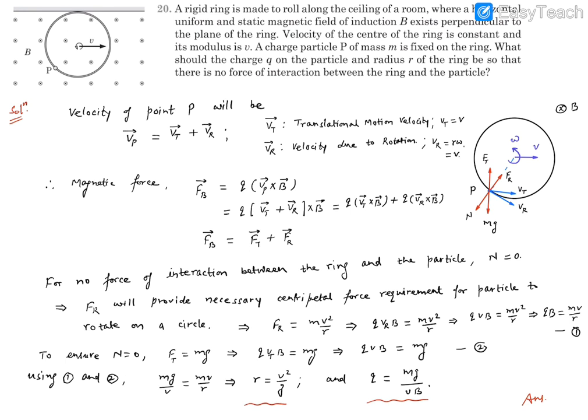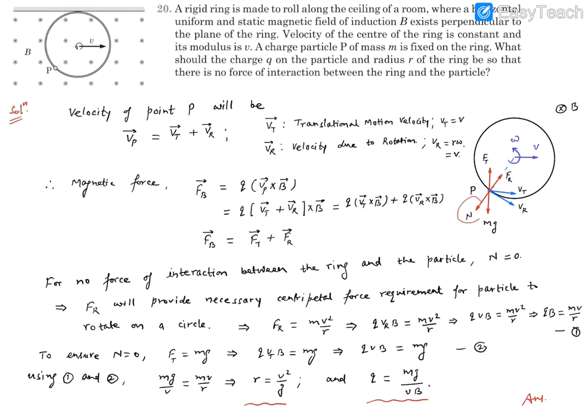Now since we want this normal reaction to be 0, this radial job has to be completed by Fr. Moreover, there was a gravitational force also acting. Now if this gravitational force is not balanced, that will bring the normal reaction.